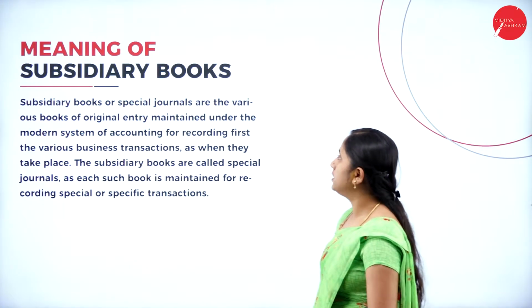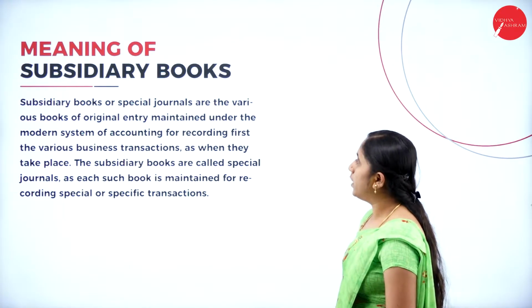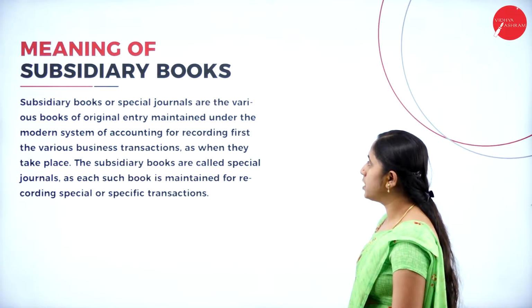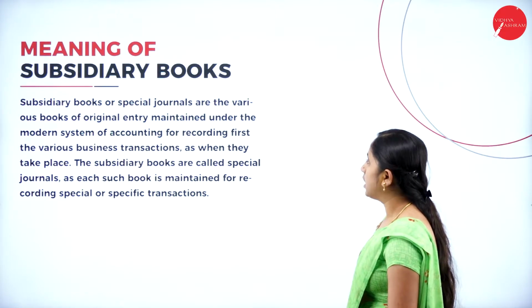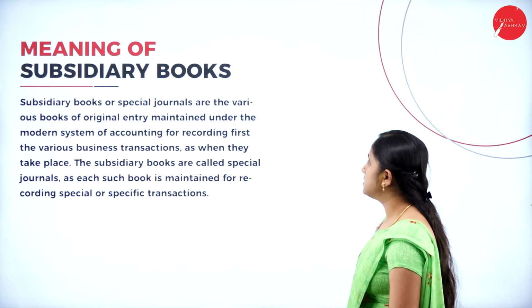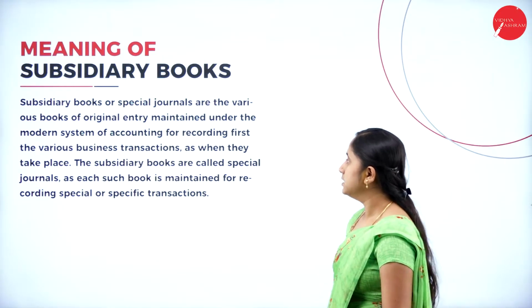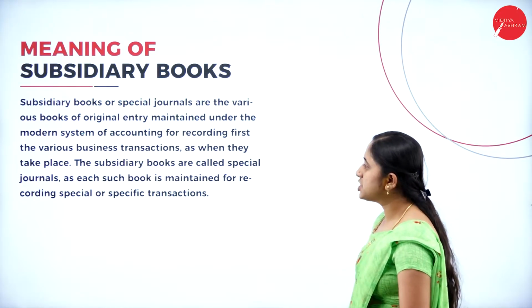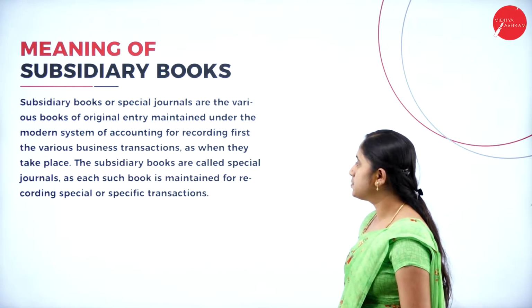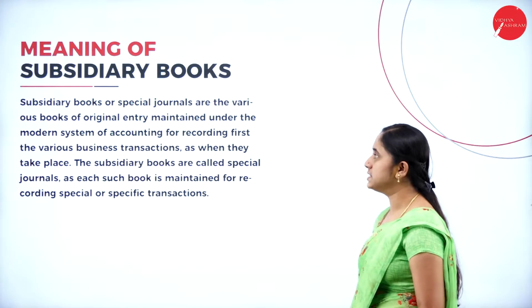Subsidiary book or the special journals are the various books of original entry maintained under the modern system of accounting for recording first the various business transactions as when they take place. The subsidiary books are called special journals as each such book is maintained for recording special or specific transactions.